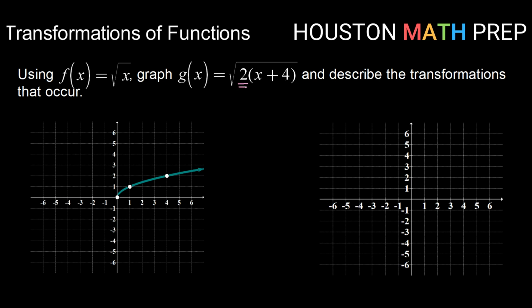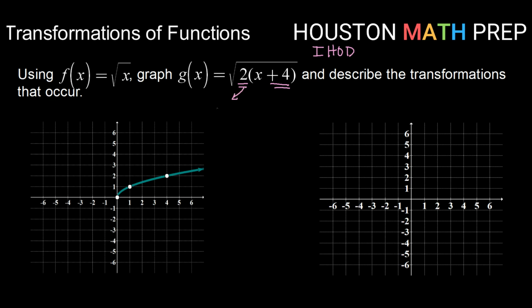So I've got two transformations happening here, and both of them are on the inside. So I'm going to use my acronym IHOD that says transformations on the inside affect the graph horizontally. They do the opposite of what they look like, and they affect the domain or the x values.